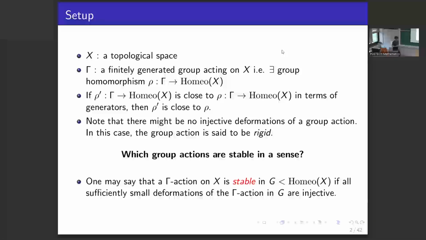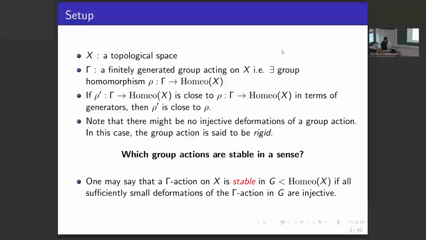Stable means that there exists some open subset in the homomorphism space such that all representations in the neighborhood of the inclusion homomorphism are injective. That is what stability means.